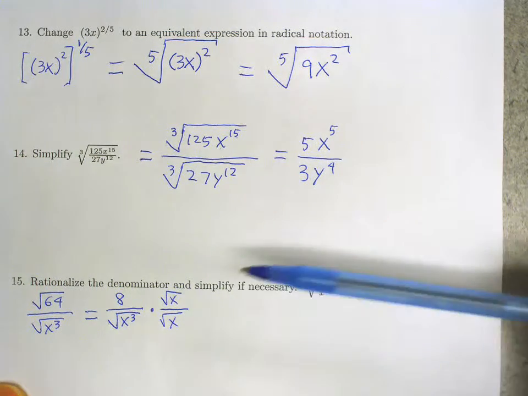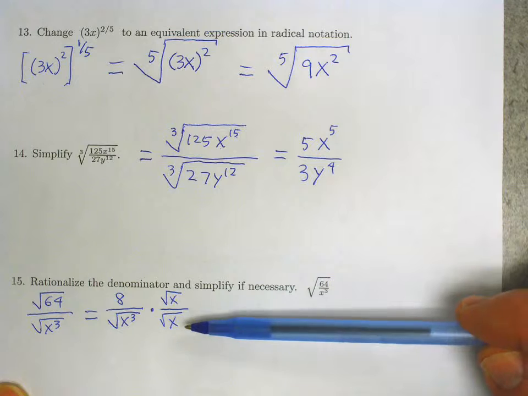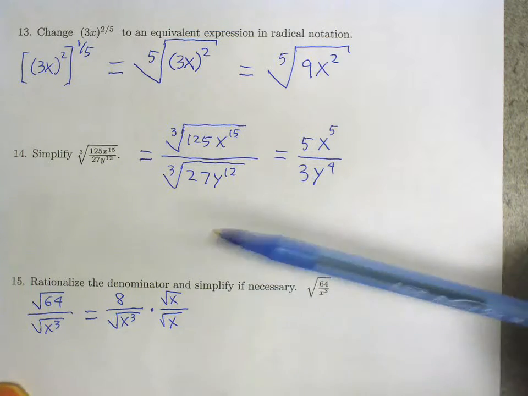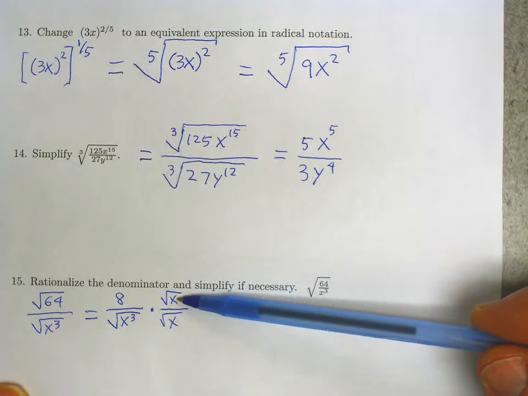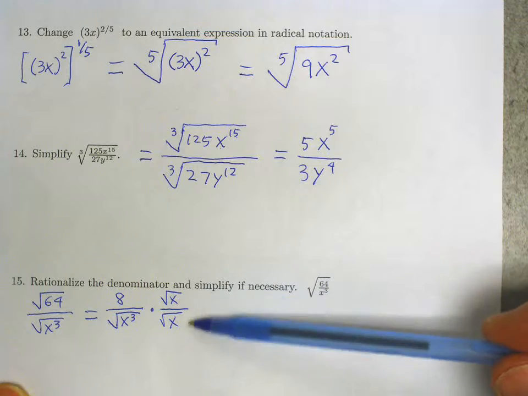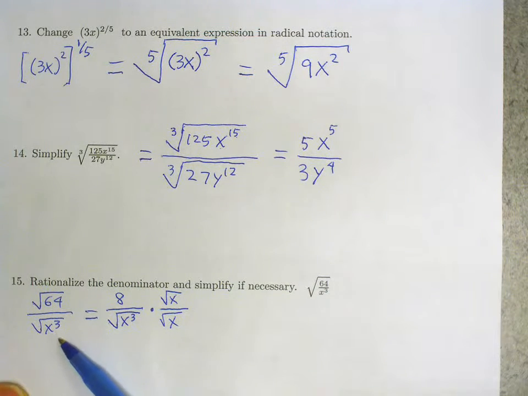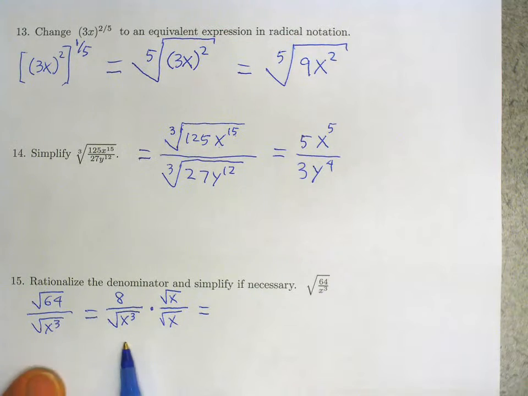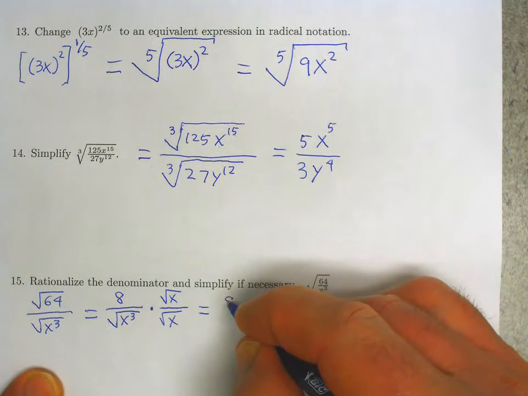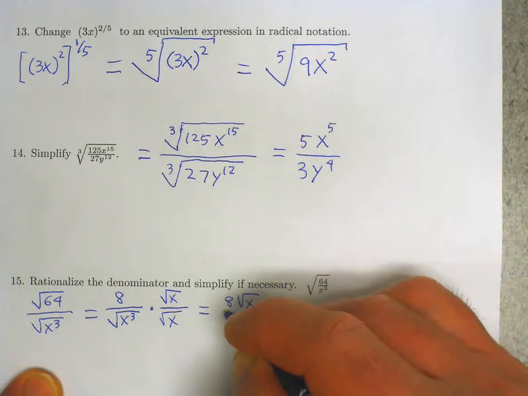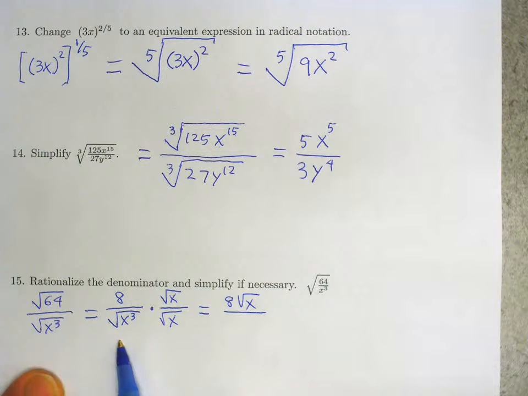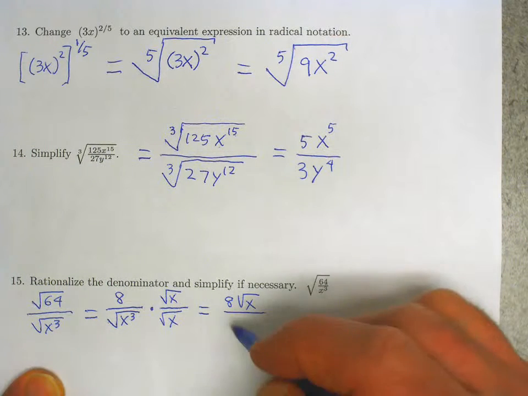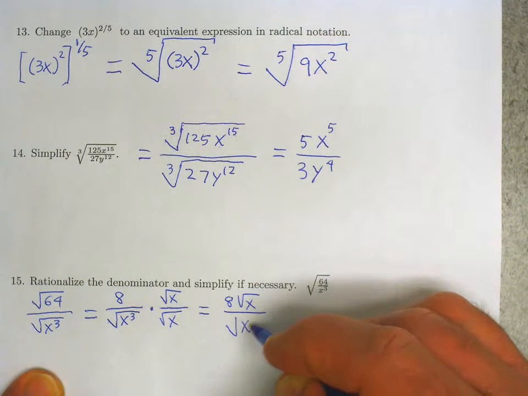So you'll agree that the square root of x divided by the square root of x equals 1, as long as x does not equal 0. But that's already a restricted value. So in the next step, in the numerator, we can write 8 times the square root of x. In the denominator, the square root of x to the third times the square root of x is the square root of x to the fourth.